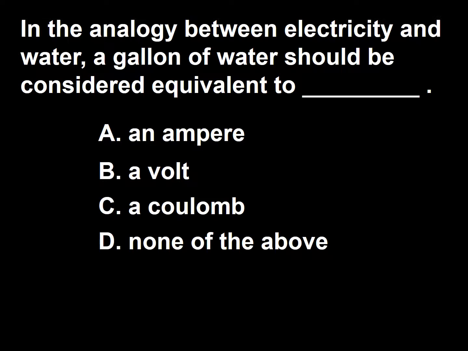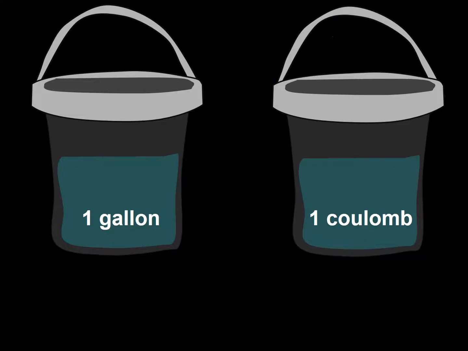Next question. In the analogy between electricity and water, a gallon of water should be considered equivalent to A, an ampere, B, a volt, C, a coulomb, D, none of the above. You can see in this frame two buckets. One bucket has 1 gallon of water.